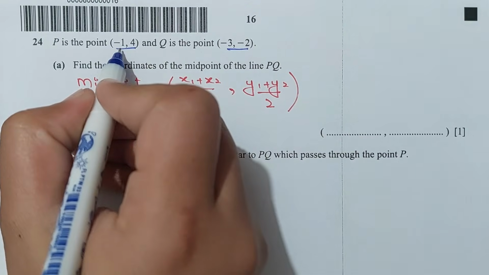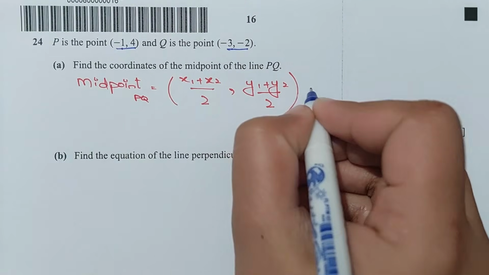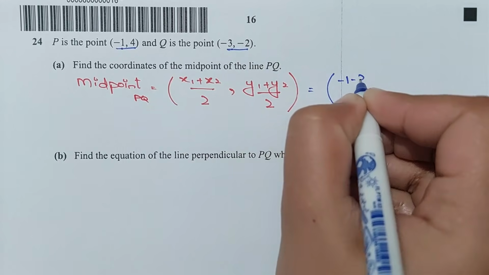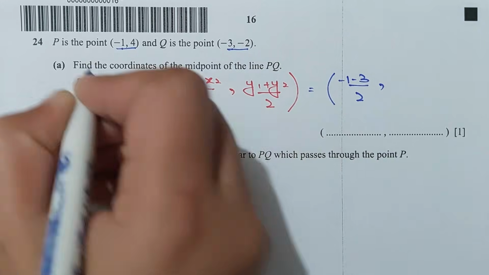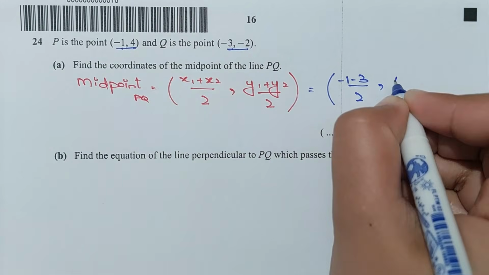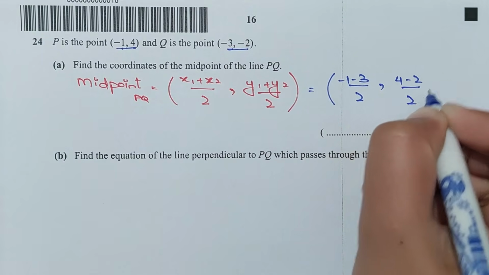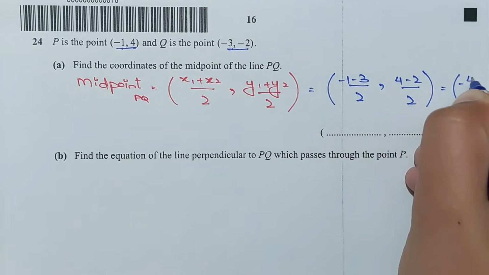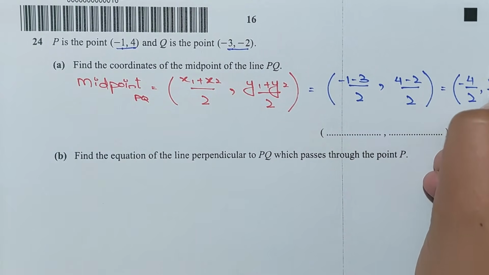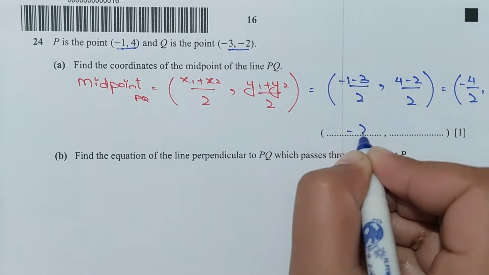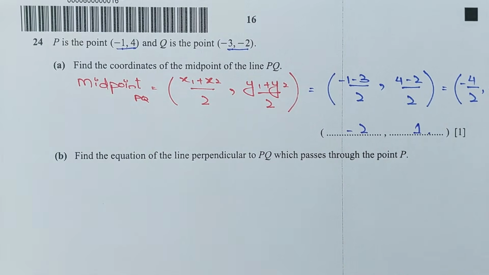These are the x components, -1 and -3, so add them: -1 - 3 divided by 2. The y components are 4 and -2, 4 and -2 divided by 2. So that is -4 by 2, and this is 2 by 2. So -2 and 1 is the midpoint.